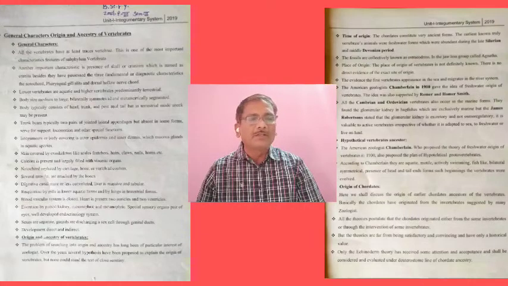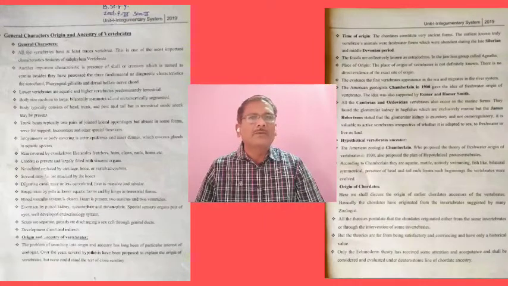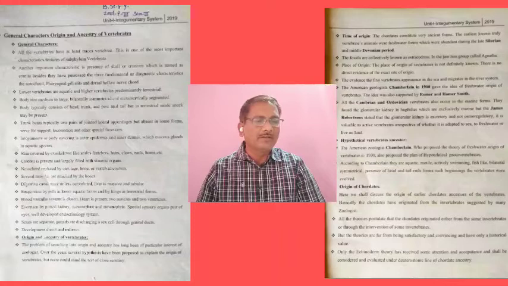Which general characters and origin characteristics are present in the animals, we just study in paper third. What are the general characteristics of the vertebrates, and anatomically the ancestors of the vertebrates? It is present in the general characters.